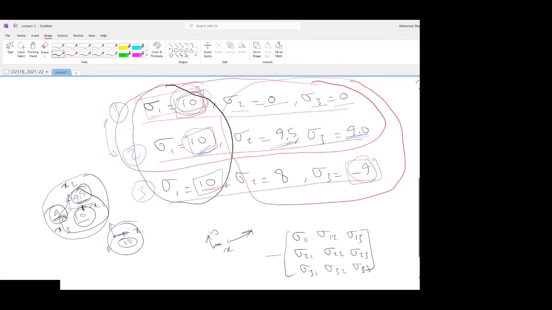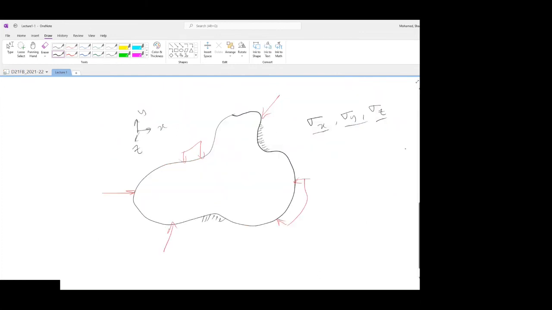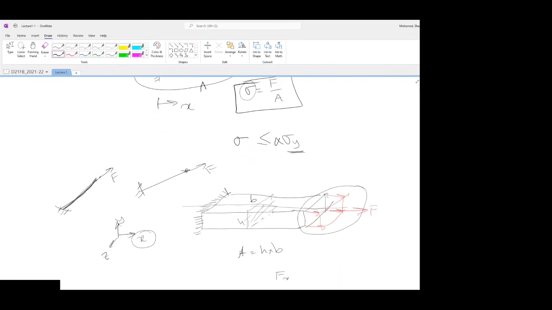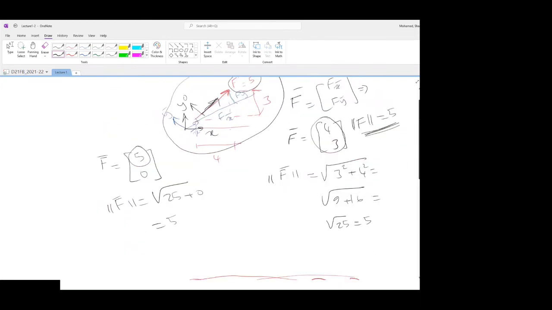And then you project that just like you projected the force. If you remember the example of the force, I probably had it here. So if you look into the example of the force, you projected this into 4 and 3, you projected this into 5 and 0, you projected this into some fx bar and fy bar, and it is still always the same force.